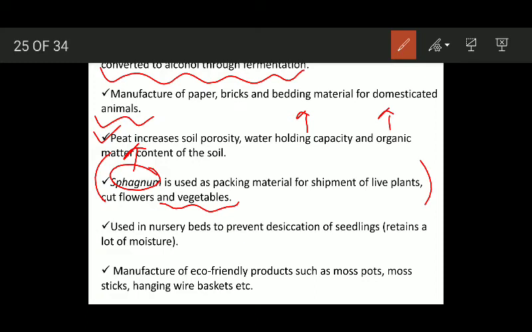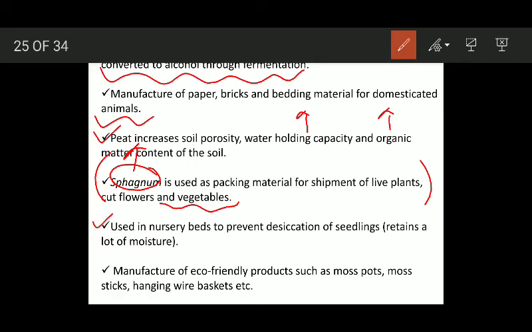If you have to transfer live plants from one region to another region, you can use sphagnum as the packaging material. You can also use sphagnum as packaging material for cut flowers and vegetables, which are to be transported over long distances.